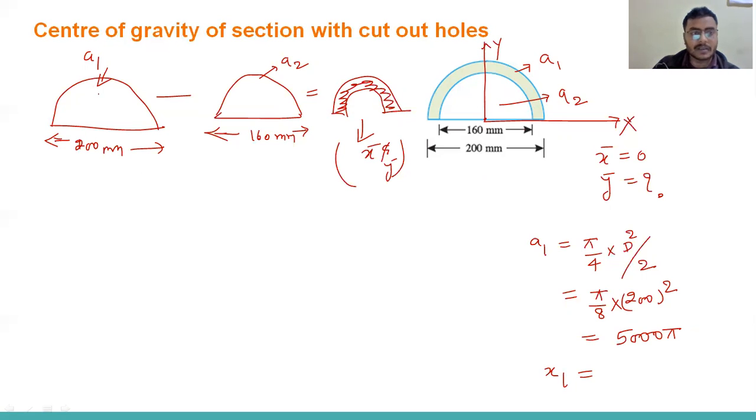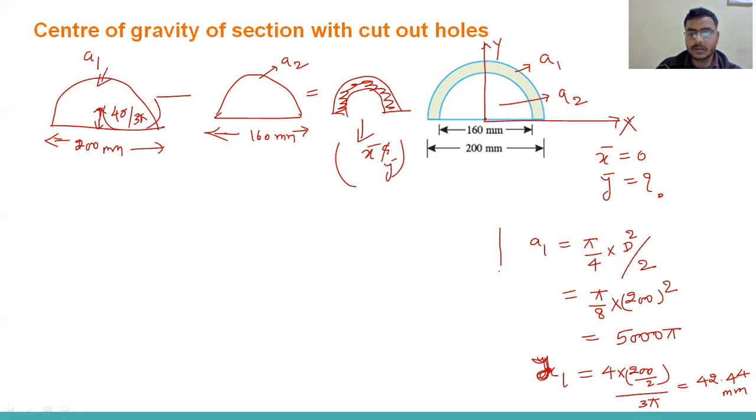No, not X1, Y1. What is the formula for the semicircle? That is 4r by 3 pi. So we can write 4, what is the r? R is diameter divided by 2. So diameter we have 200 divided by 2, 4r divided by 3 pi. So you can get Y1, 42.44 mm.